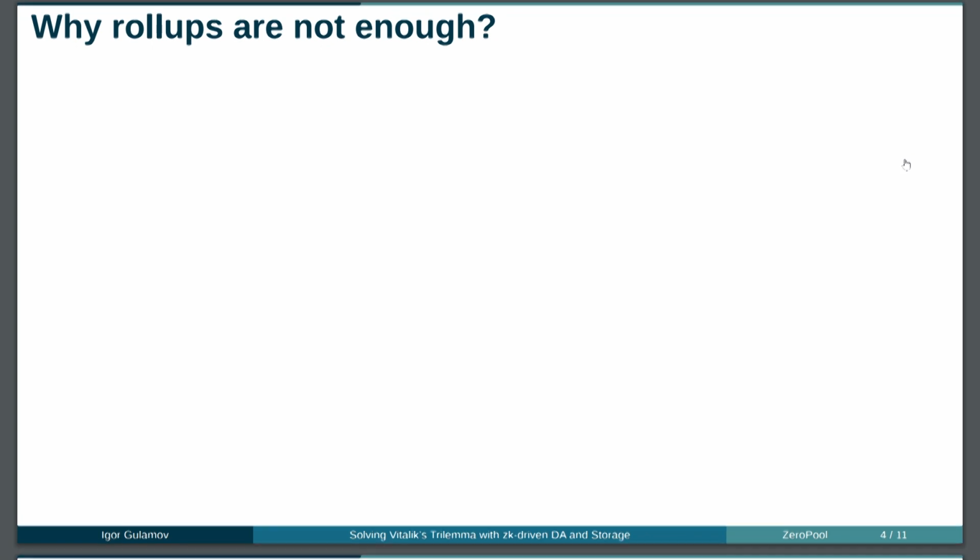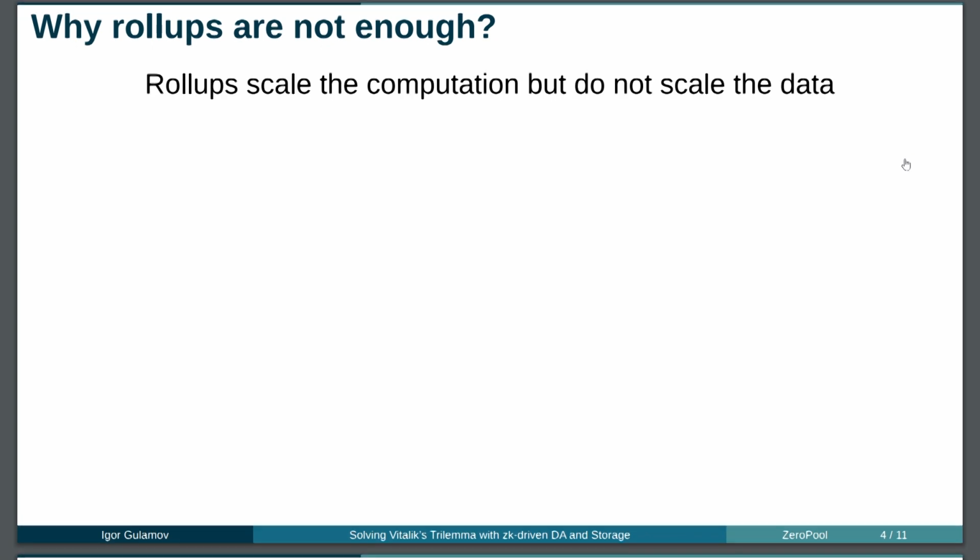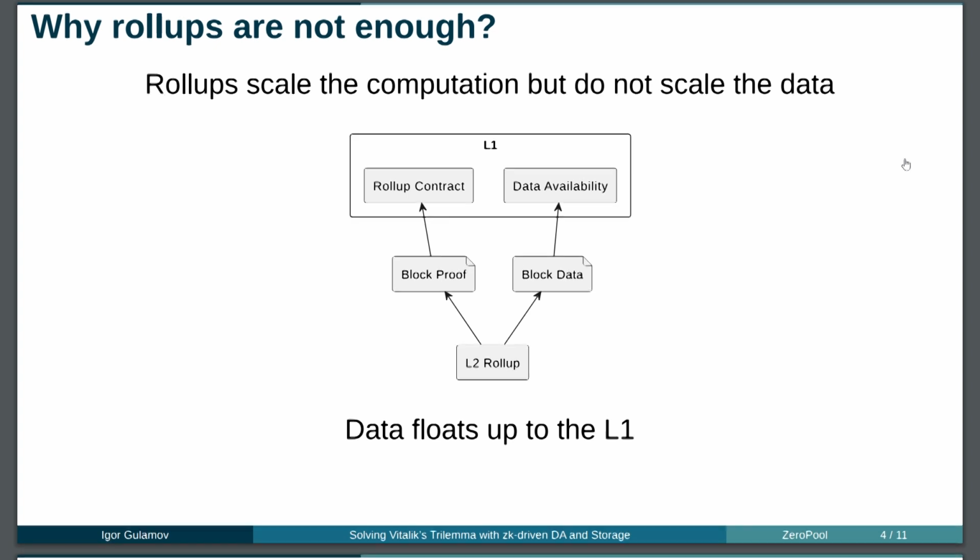So the rollups are not enough, because rollups scale only execution, only transactions, but don't scale the data. So how does it look? The data flows up to L1 or the data availability layer. The rollup publishes the transaction on chain, but also the rollup publishes the block to call data or to the data availability layer, and this is a bottleneck. Because call data is very expensive, and the data availability layer will store the data only during 2 or 4 weeks.